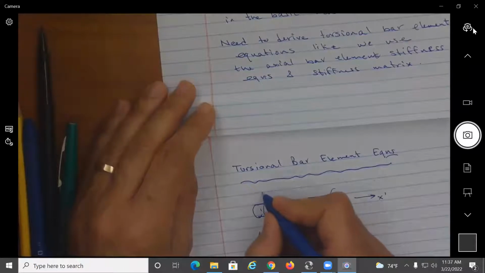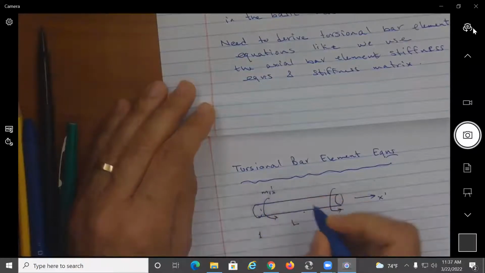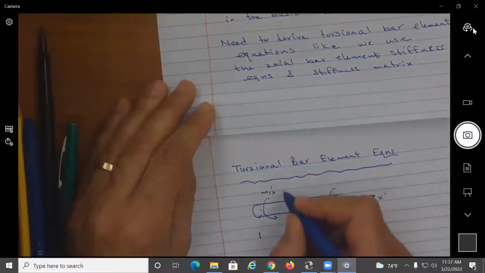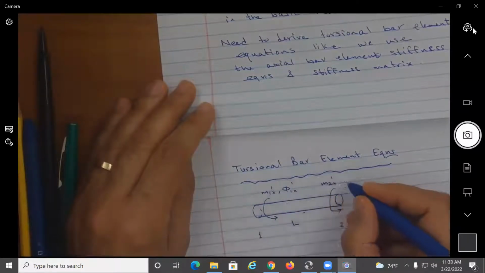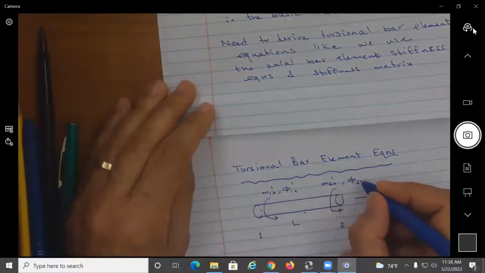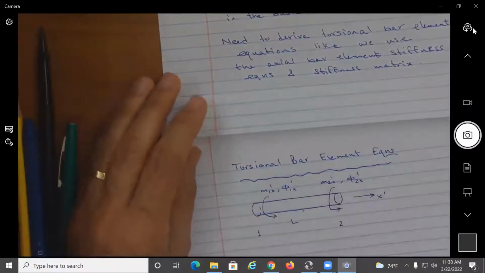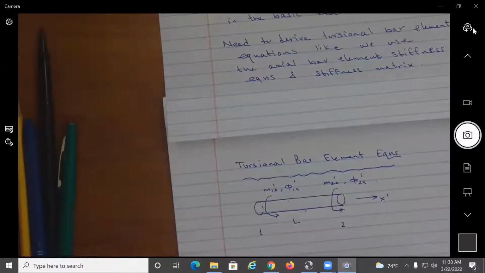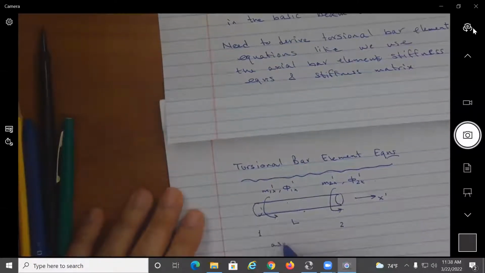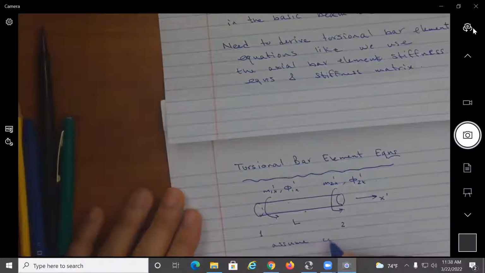So here I'm going to get M1X prime and phi1X prime, and also M2X prime and phi2X prime. So we assume a circular section.